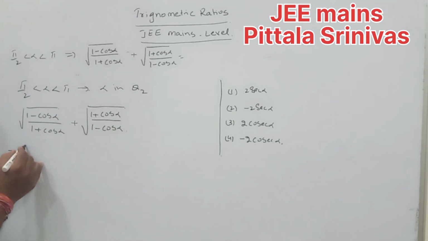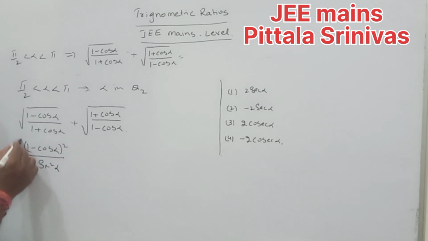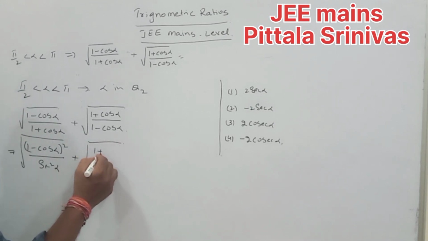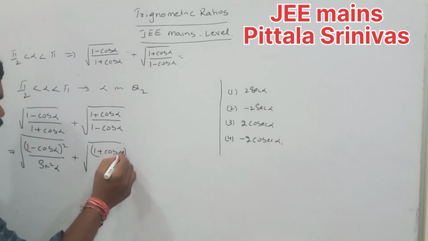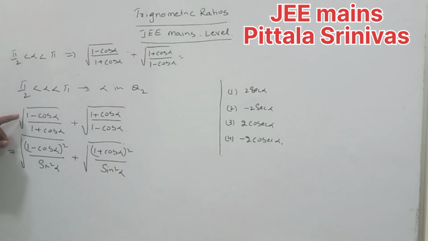So we have to write this as root over 1 minus cos alpha whole square by sin square alpha plus root over 1 plus cos alpha whole square by sin square alpha. Here we multiply 1 minus cos alpha in both numerator and denominator.